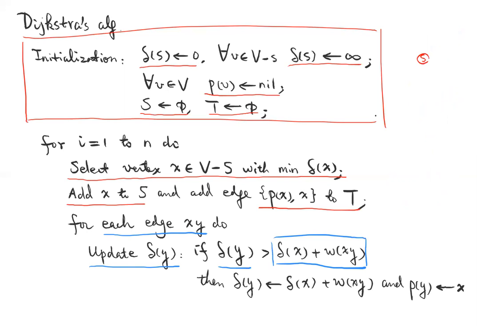Take a particular vertex Y, and here's X. The distance upper bound delta of Y means the length of some path from S to Y. Now we consider an alternative path that goes from X to Y. The length of this path is the distance upper bound of X plus the weight of this edge XY.